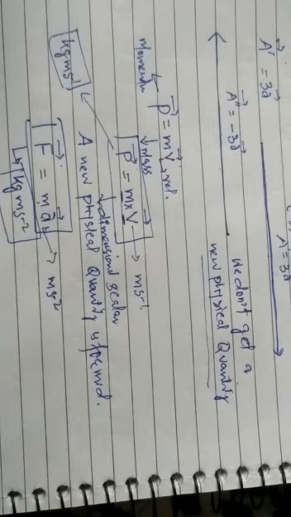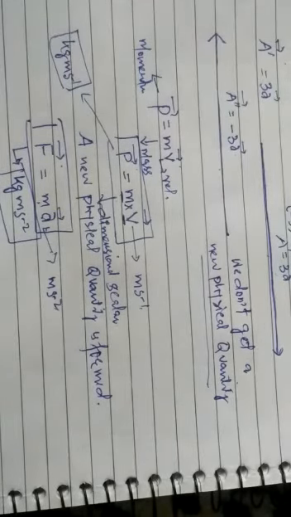So what I mean is, once you multiply a vector by a dimensionless scalar, you won't get a new physical quantity. But once you multiply a vector by a dimensional scalar like mass, you will totally get a new physical quantity.